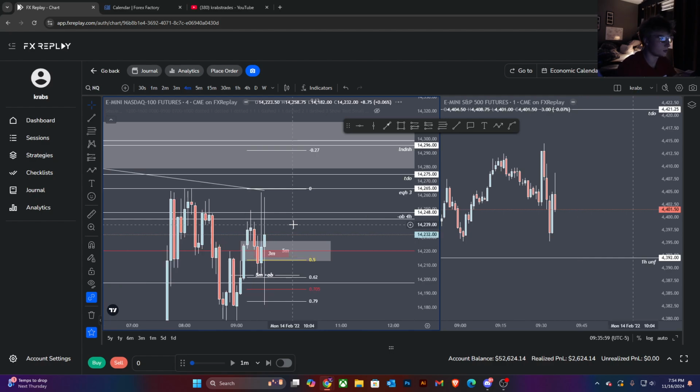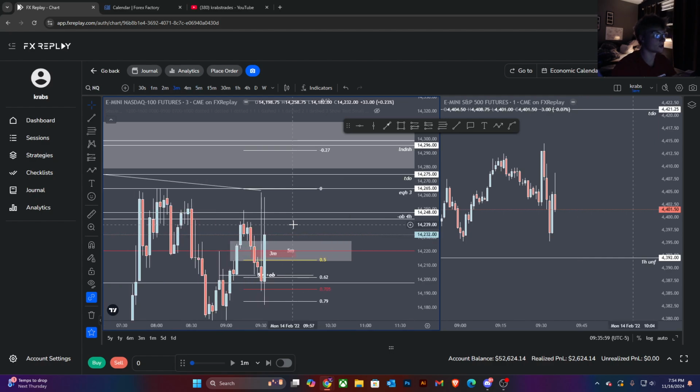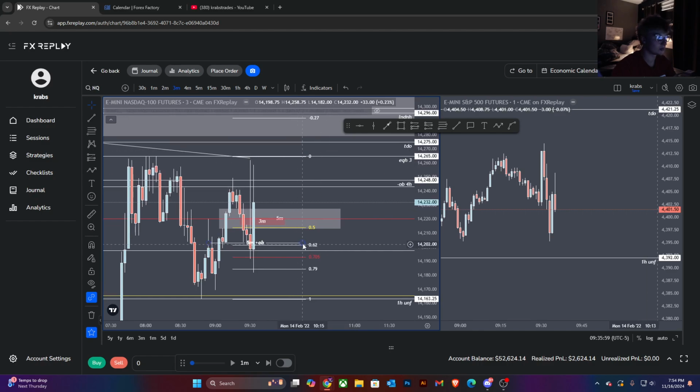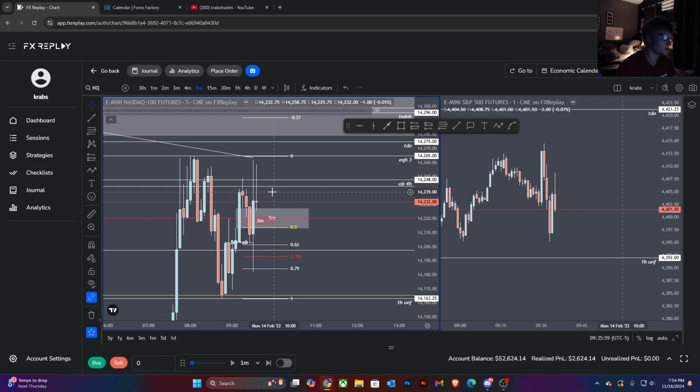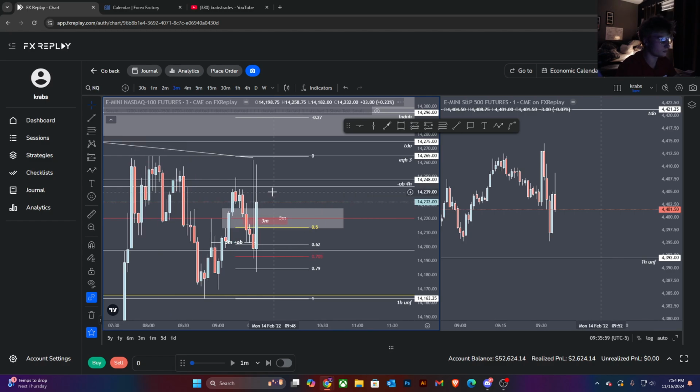So this is gonna be a 3-minute inversion. It's just kind of sketched how we inverse this bearish, but then we re-inversed it. But yeah, I think we're gonna try this.